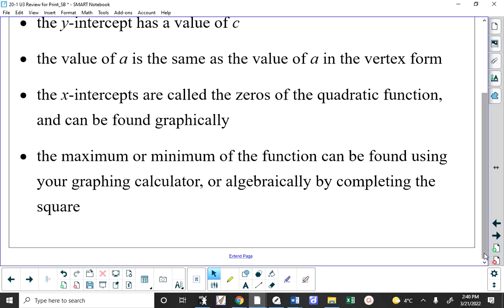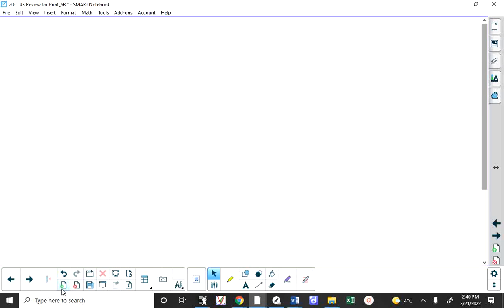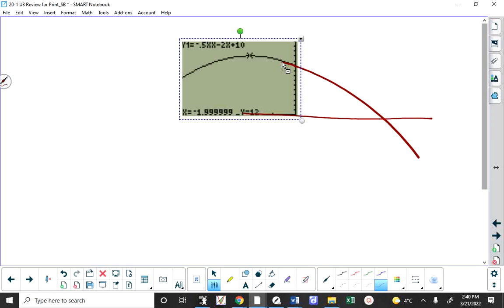So let's review how to find X-intercepts. I'm going to go back to this graph. Obviously, I can't see the x-intercepts, so I don't have a chance of finding the values of them. I know, just looking at this, that one of the x-intercepts will be over here someplace, one of the x-intercepts will be over here someplace.